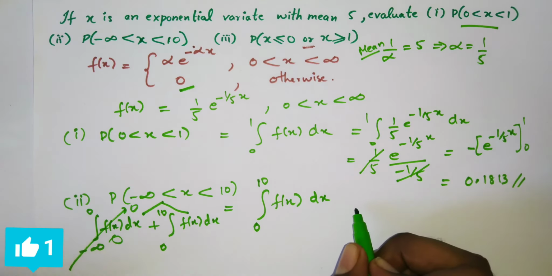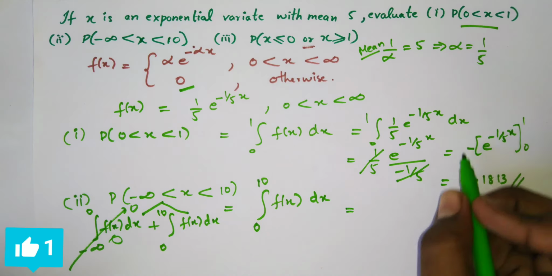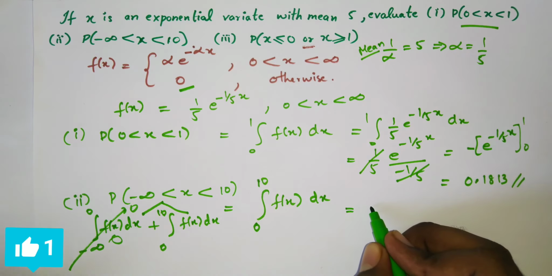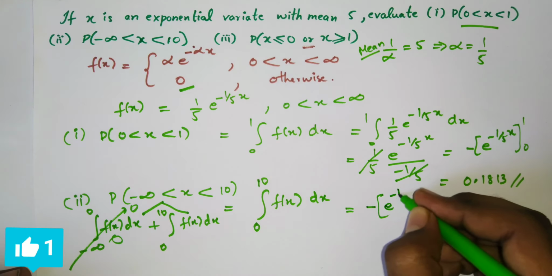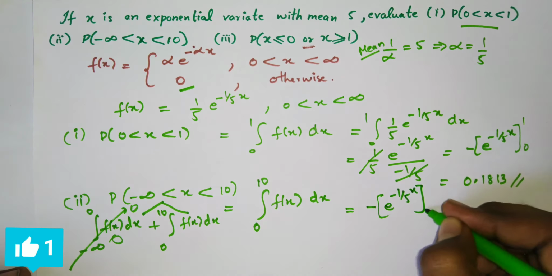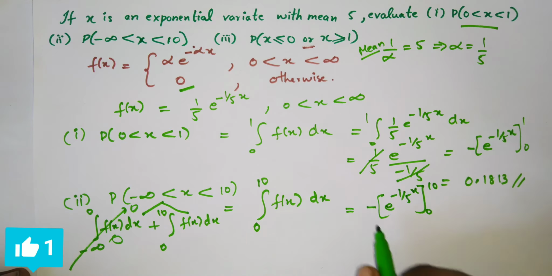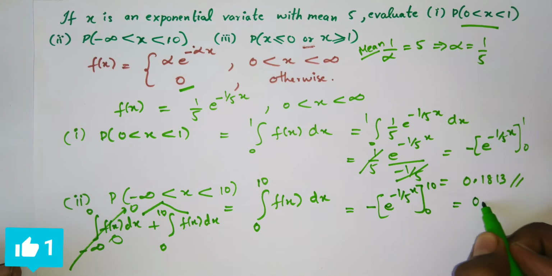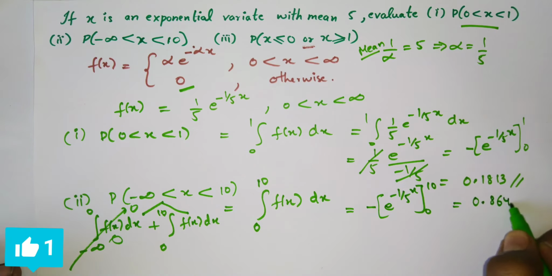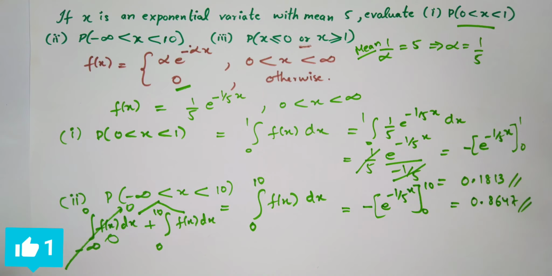It is the same integration, just the limit has changed: −e^(−x/5) from 0 to 10, with the minus outside. When I put the values, I'll get the answer as 0.8647.